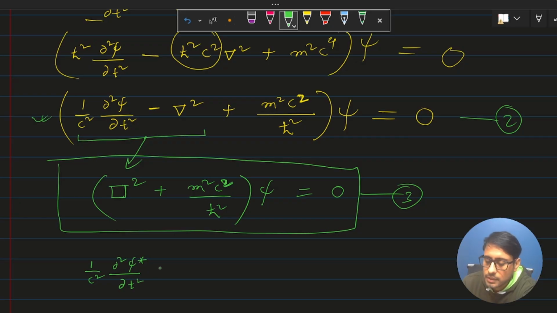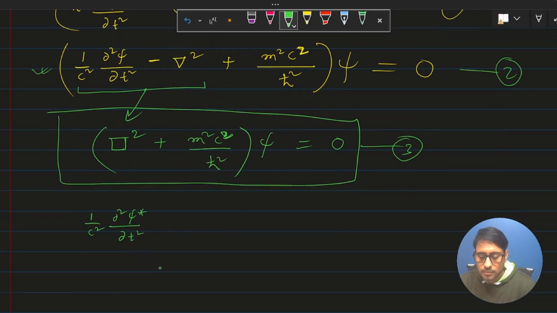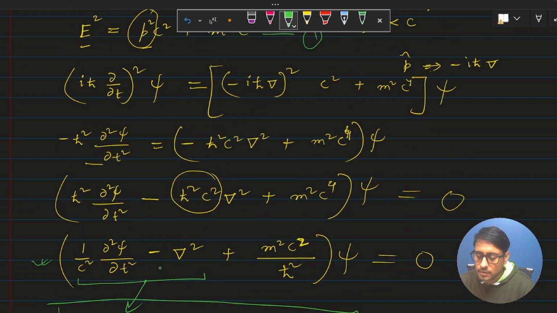I think there is a mistake. I have written this psi here. I should have erased this psi, because we have taken it common, so this is not required.